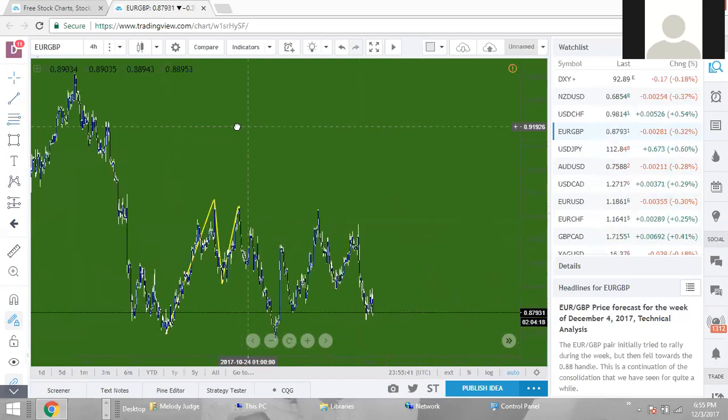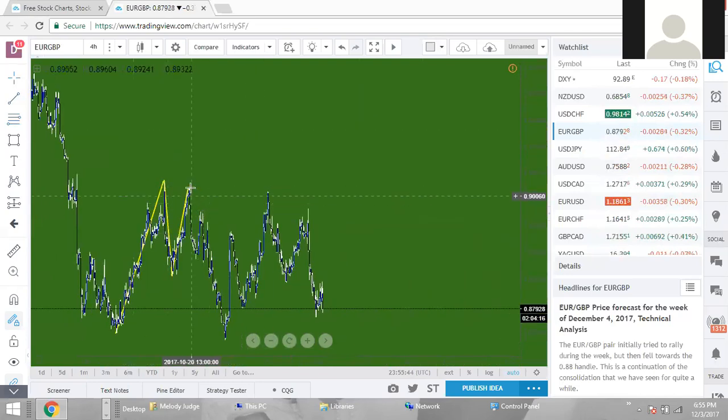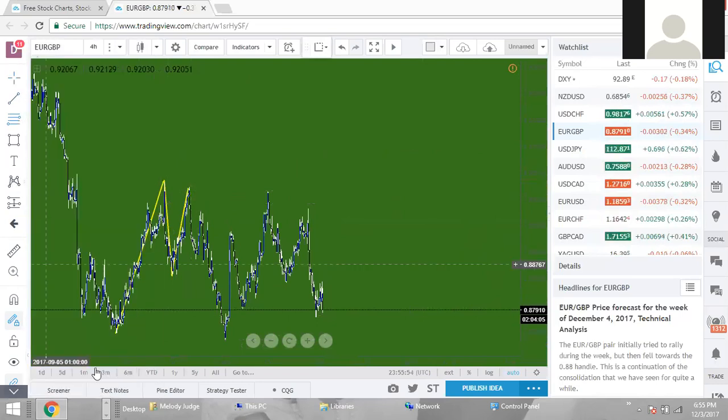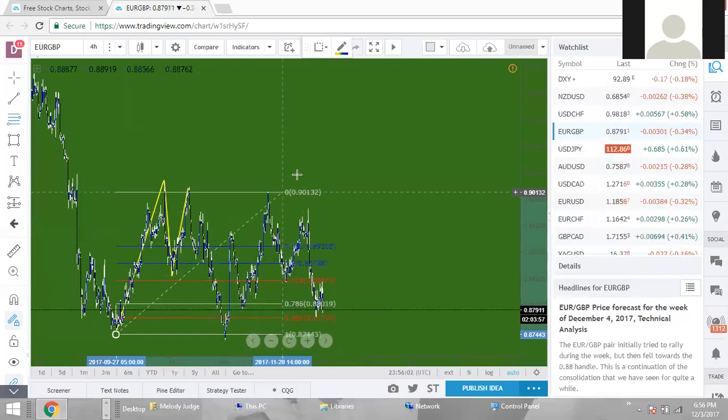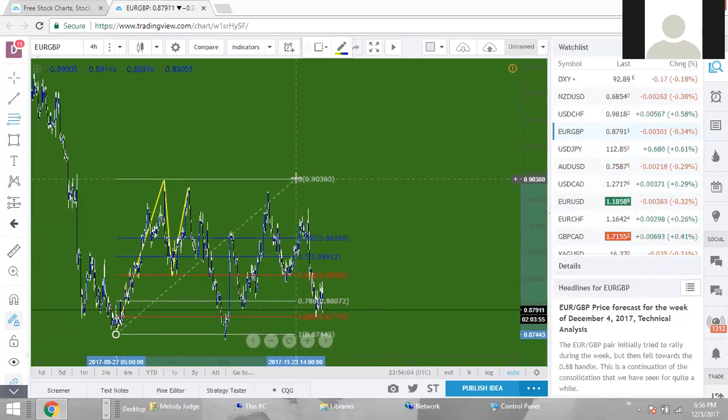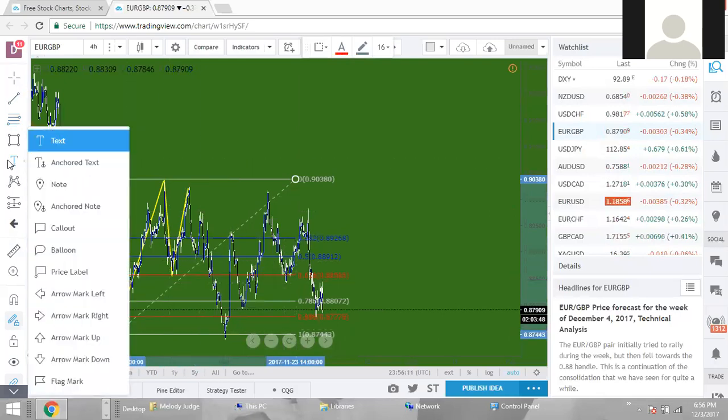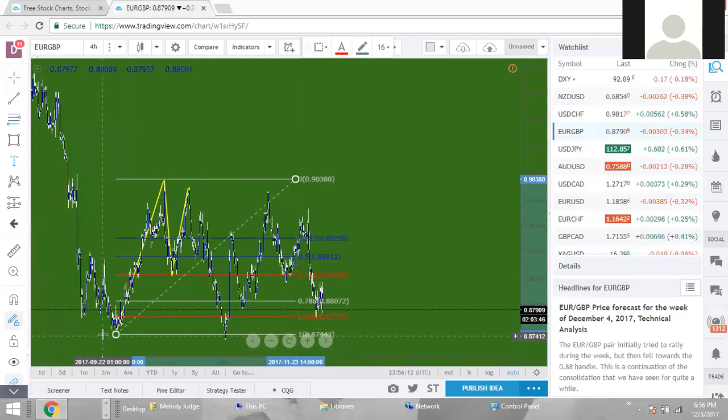After C has been identified, we're looking for a pullback of the 786, but also an extension of the 127 from A to C, from A to B to back to A. So here, from X to A, maybe I should label this because it seems a little confusing to me. Learn the way I learned it. I don't want to confuse anyone. That's X.